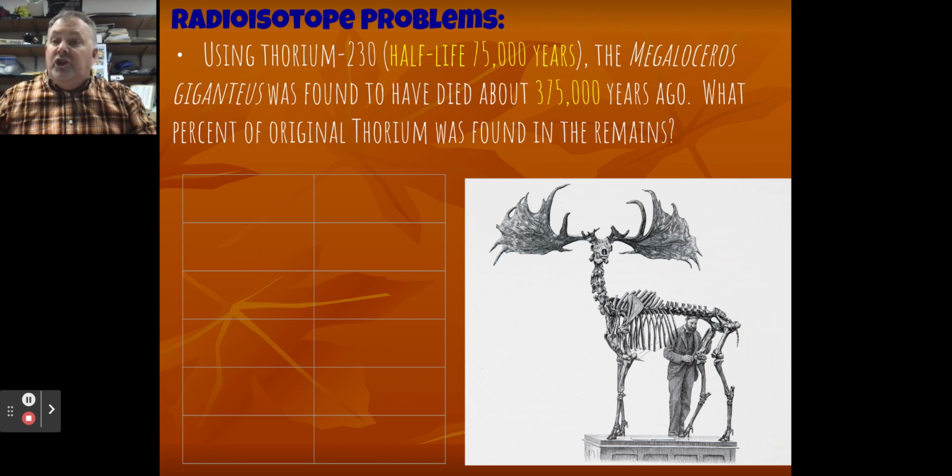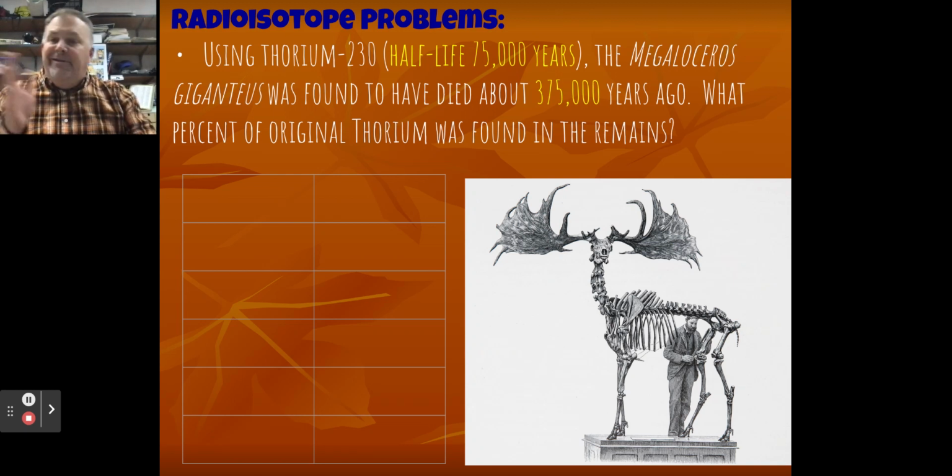Another one we could use, let's just use a different example of a radioactive isotope. Thorium 230, which has a half life of around 75,000 years. This Megalosaurus giganticus was found to have died about 375,000 years ago.